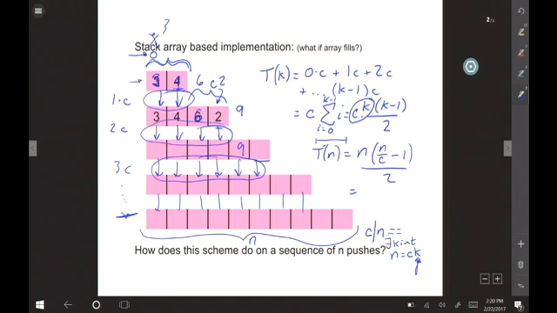Ugh, fractions, but all the fractions have constant denominators, constant coefficients. All of the values of N have constant coefficients.